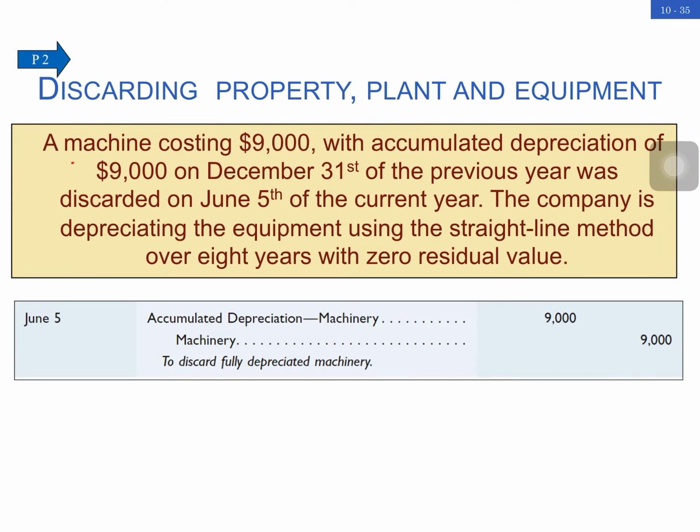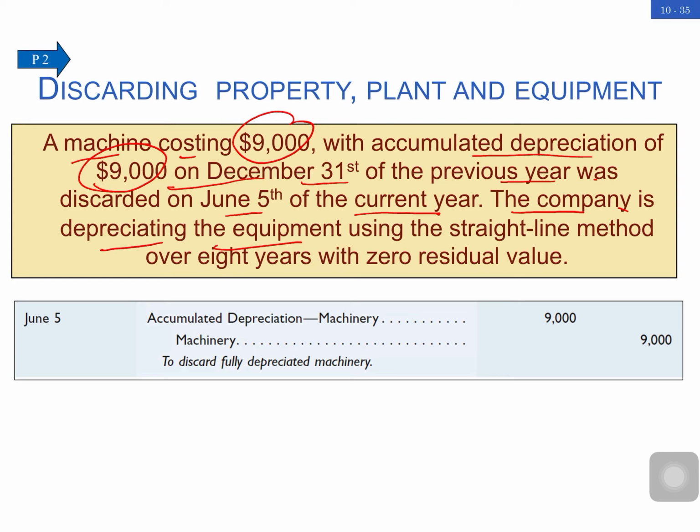Let's see this example. A machine costing 9,000 has already been depreciated for 9,000 on December 31st of the previous year, and the machine is discarded in June of the current year.